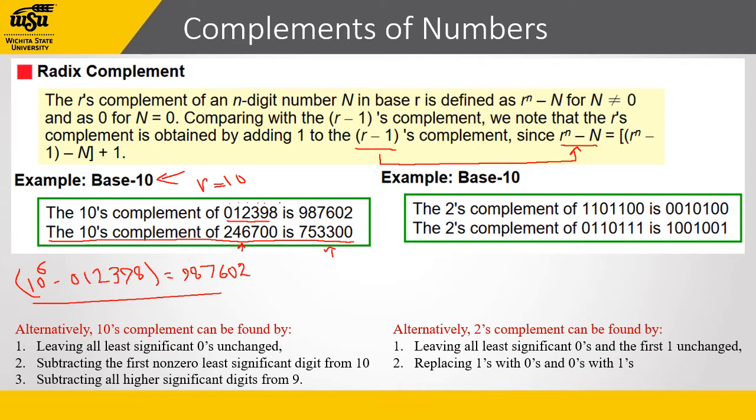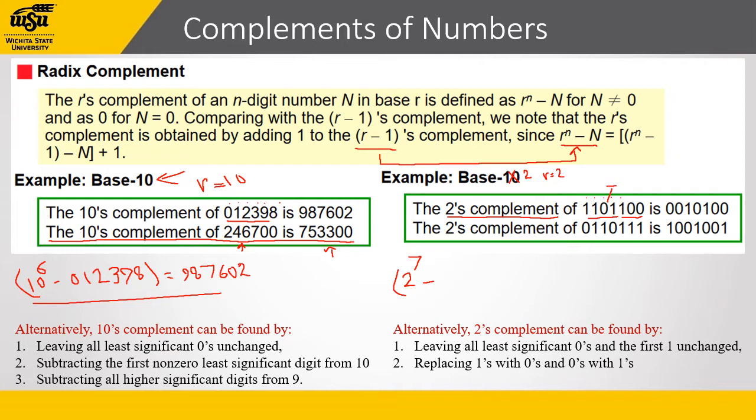Now how we can find the 2's complement, which is a very important part in digital system design. We're going to talk about it more in future slides. This should be 2 actually, because it's a binary number and binary is of base 2, which means R is equal to 2. For the first number, we have 7 digits, so we have 2 power 7 minus our number.